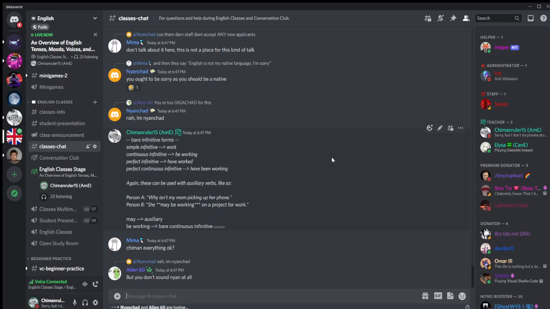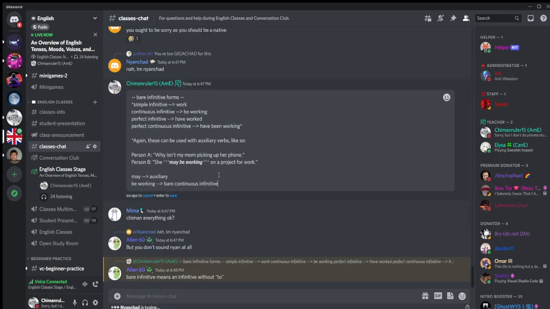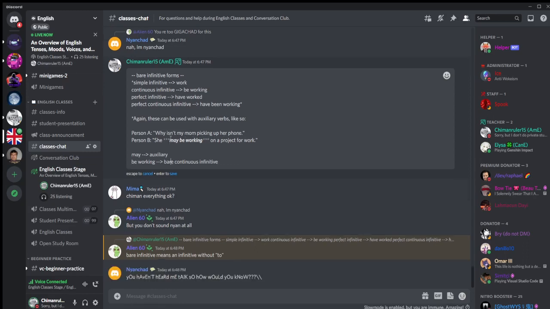But unlike with the subjunctive forms, with these forms you can put auxiliary verbs at the beginning. Bare infinitive means an infinitive without the to. So you could have a bare simple infinitive, a bare continuous infinitive, a bare perfect infinitive, and a bare perfect continuous infinitive.